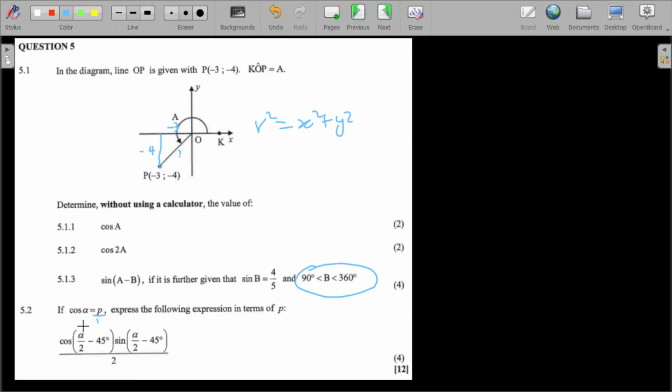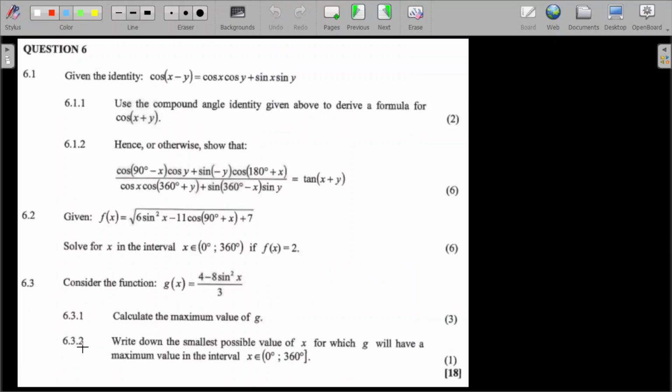So if it's adjacent over hypotenuse, you're going to get your opposite side of cos in order for us to answer this question. Again, this question here is going to be very, very important in order for us to use a compound of cos and a compound of sine. Again, very, very important there.